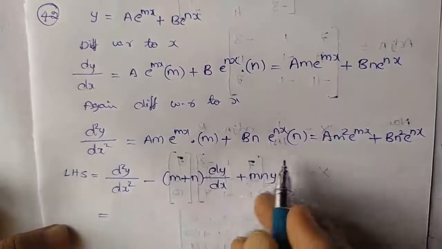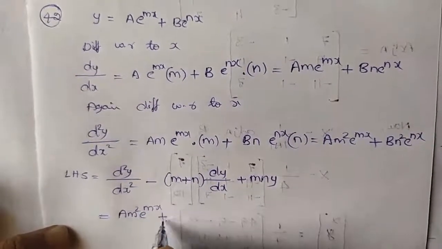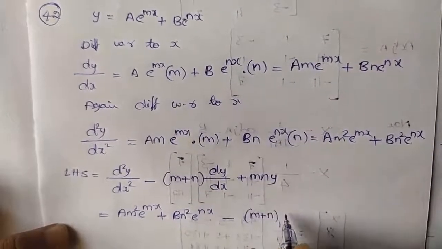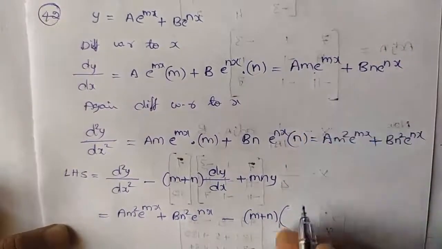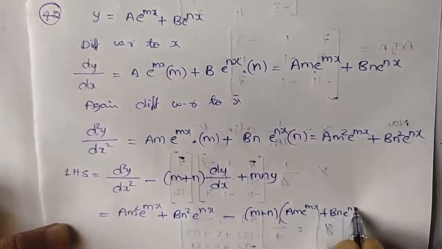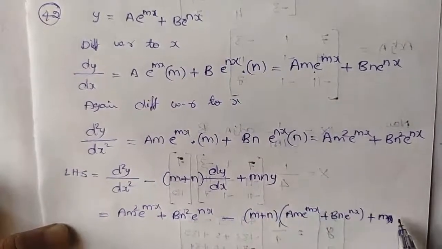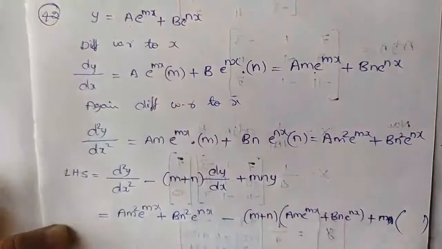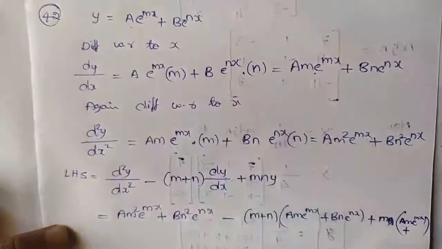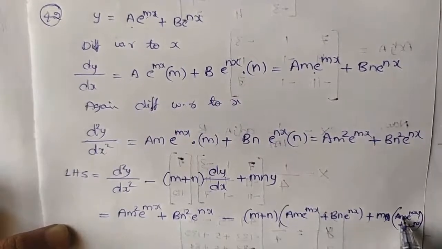That equals d square y by dx square, substitute a m square e power mx plus b n square e power nx, minus (m plus n) into dy by dx, a m e power mx plus b n e power nx, plus mn into y. So y is a e power mx plus b e power nx.